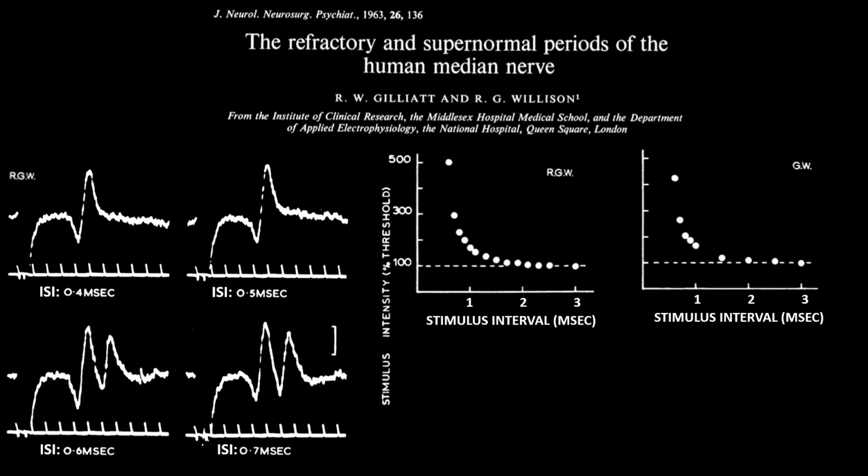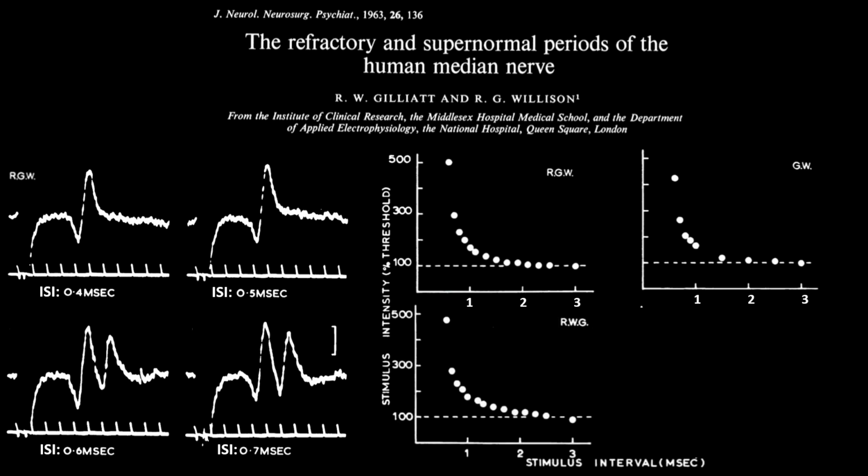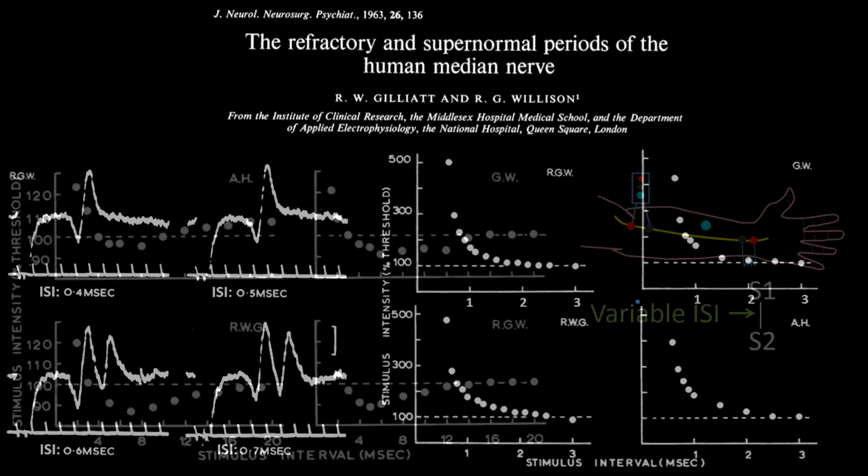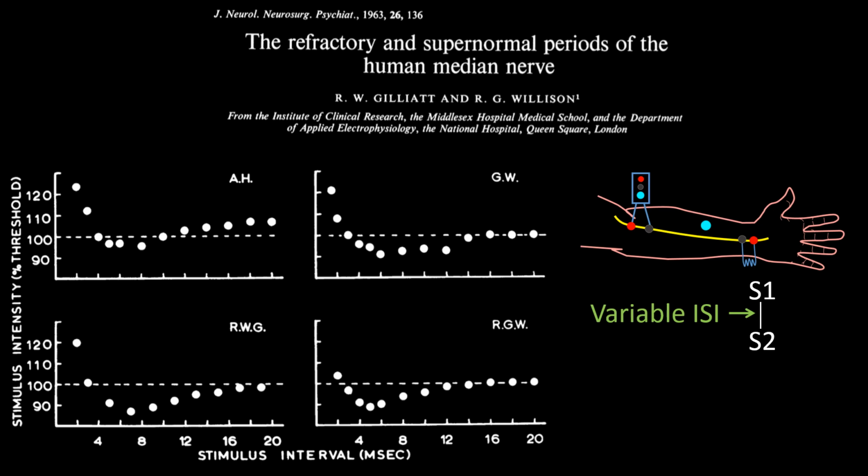This pattern was consistent in the second, third, and fourth patient. These graphs are from the same paper. As you can see, the scale for the percentage is changed, and the time span in the x-axis starts at 3 milliseconds and goes on to 20 milliseconds. The area shaded green in this frame corresponds to the supernormal period in these patients.